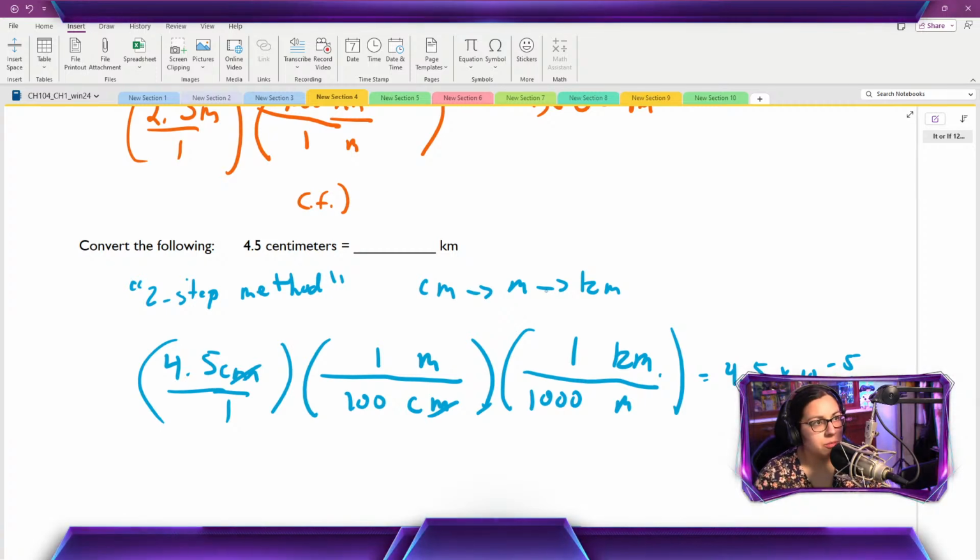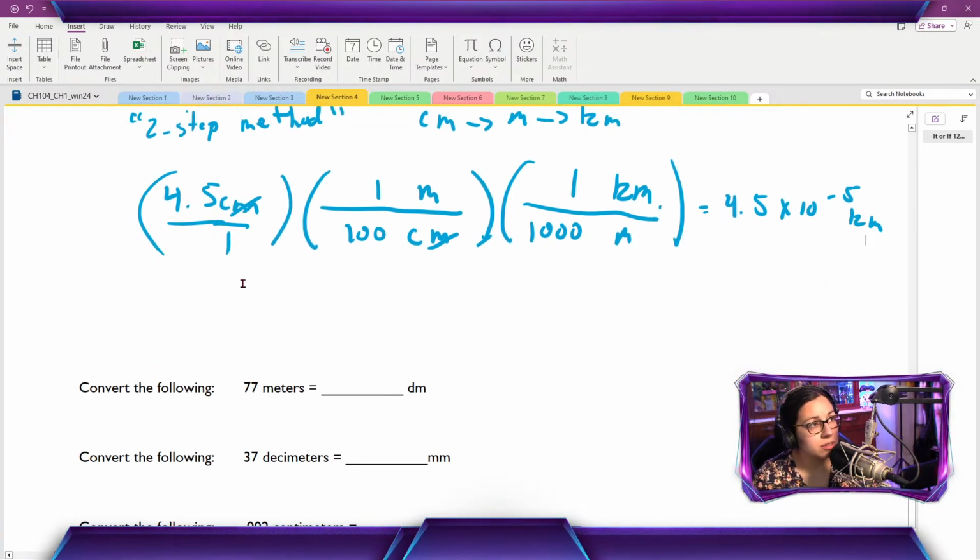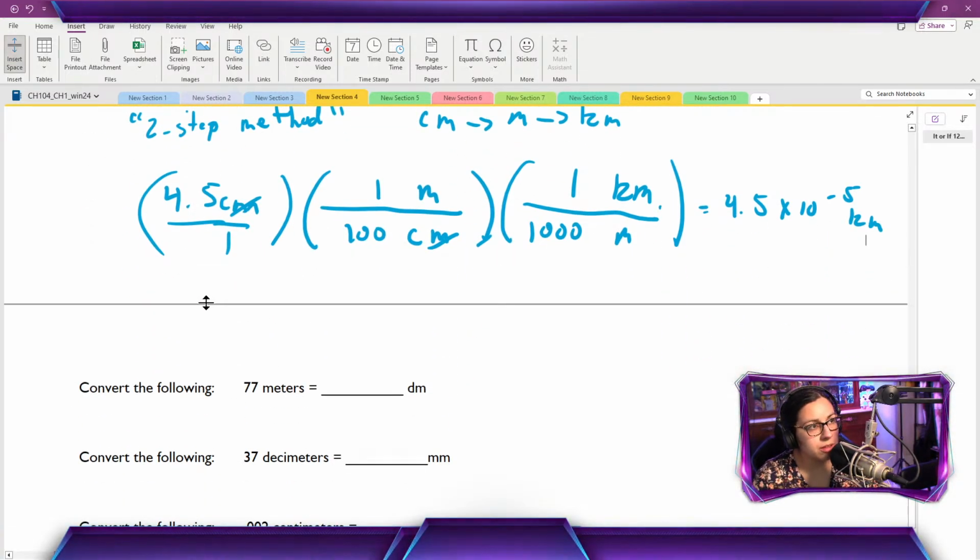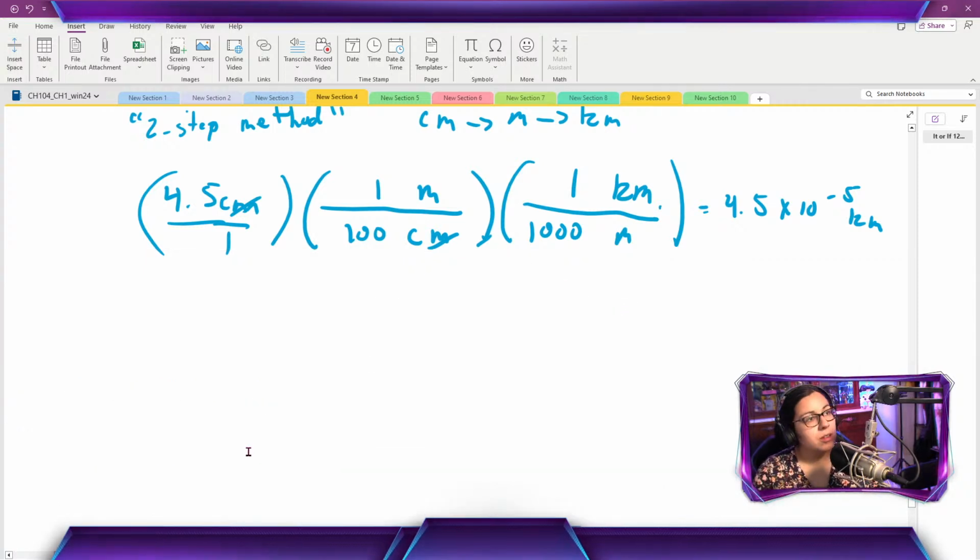And so now let's do it by our kind of one step method. Again, if you're not comfortable with this, don't worry. We'll just go over it. And now one step method.